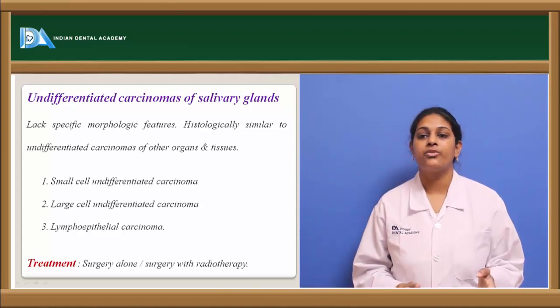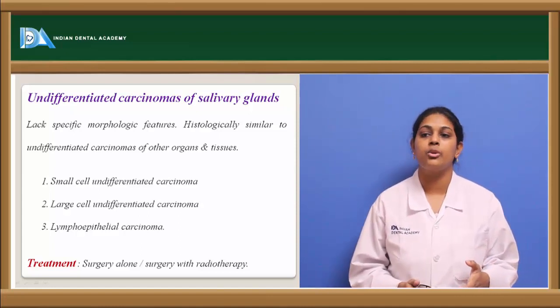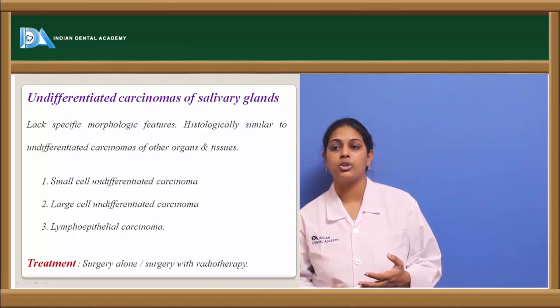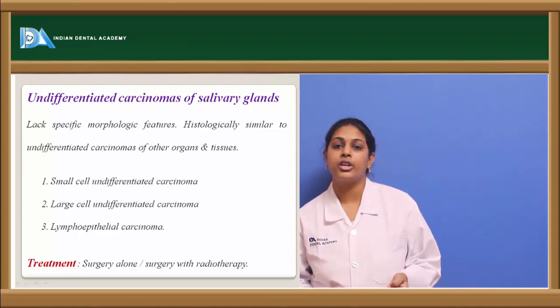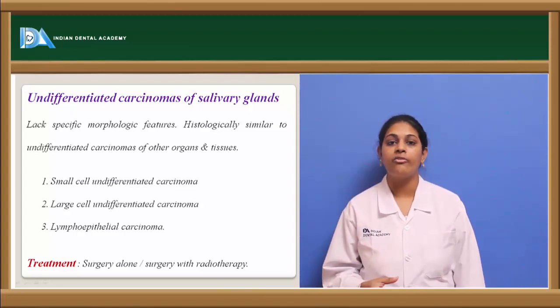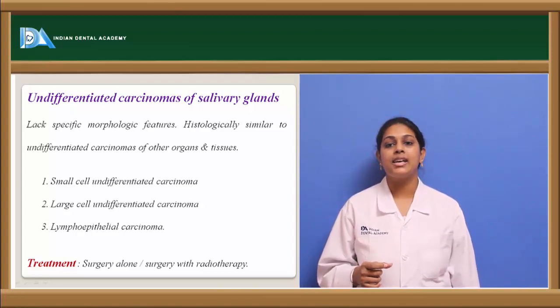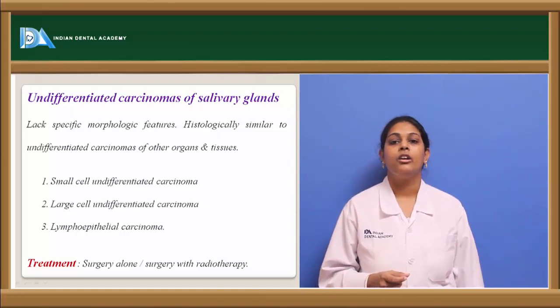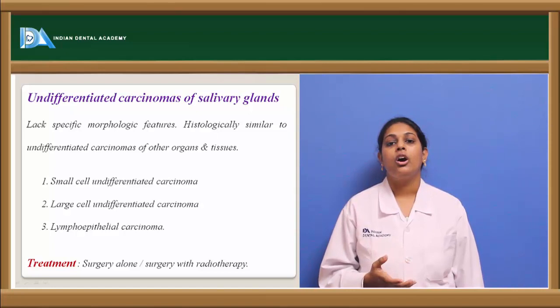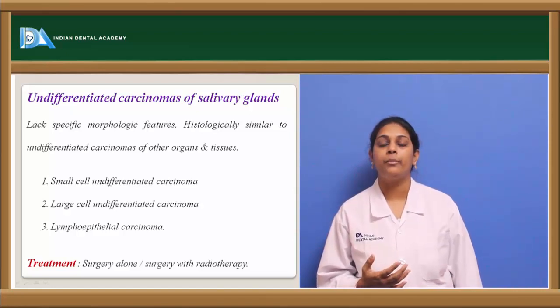And they are usually classified into small cell undifferentiated carcinoma, large cell undifferentiated carcinoma, and lymphoepithelial carcinoma. Small cell undifferentiated carcinoma is so called because of the presence of usually small cells, and these usually resemble lymphocytes. Then it is called large cell when other mononuclear cells predominate in this carcinoma.